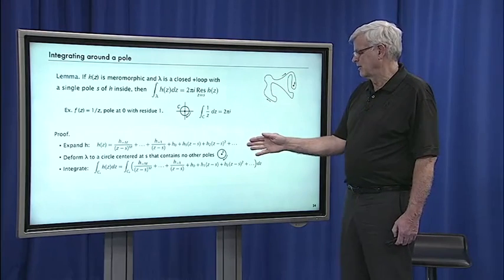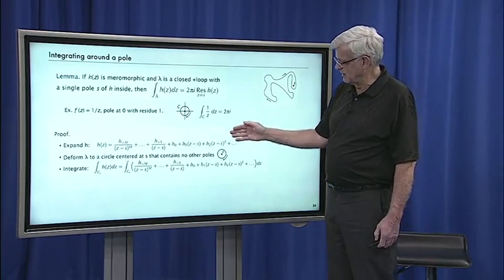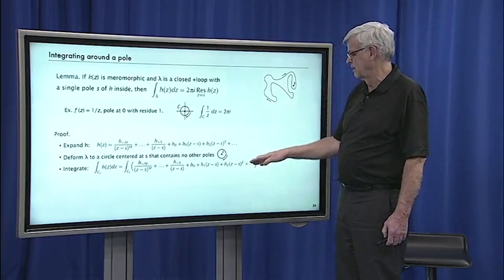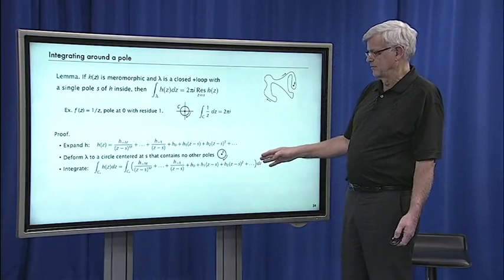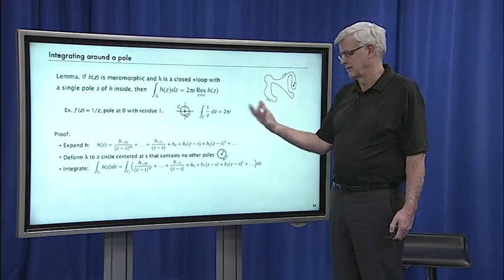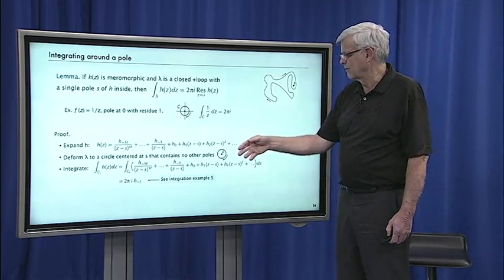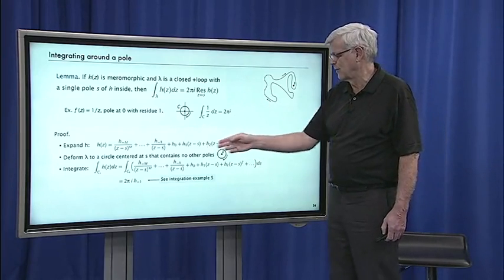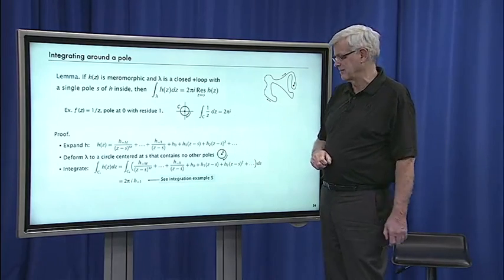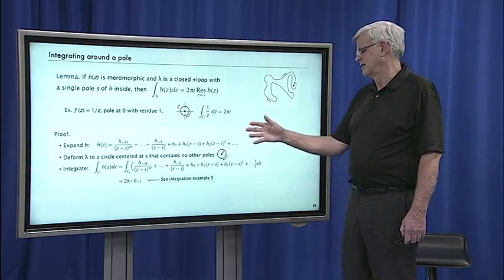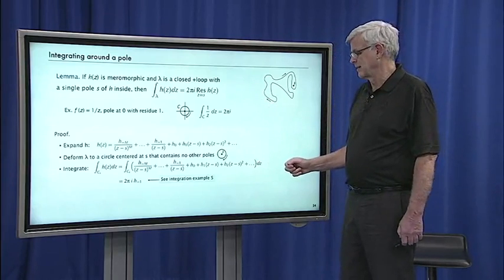And then just integrate. If we plug in the expansion and integrate, then, as we saw when we did our integration example 5, they're all 0 except for the one that is 1 over z minus s. That's the only one that doesn't cancel to 0.